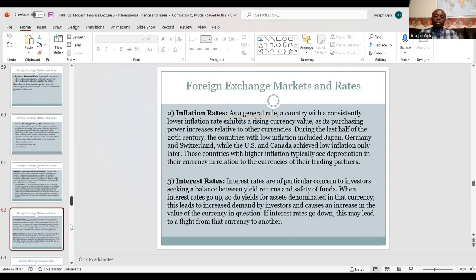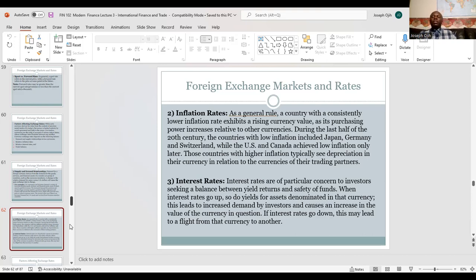Now, when the country raises interest rates, the currency will appreciate. Why? Well, when the interest rate goes up, so does the yield for assets that are denominated in that currency, assets like stocks, bonds, and treasuries. So the yield on those assets will go up.